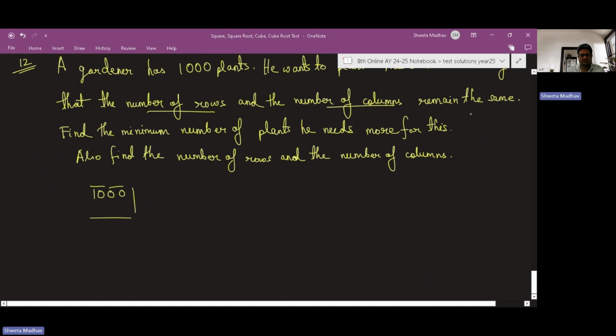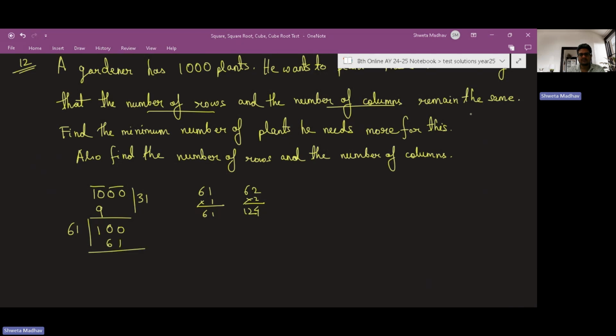So 3 3s are 9, then 100, and 3 2s are 6, then 61 ones are 61.